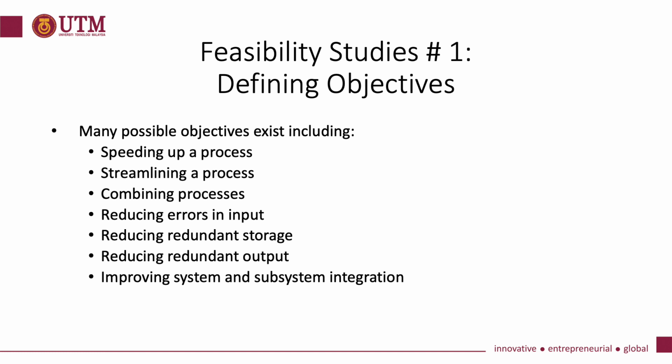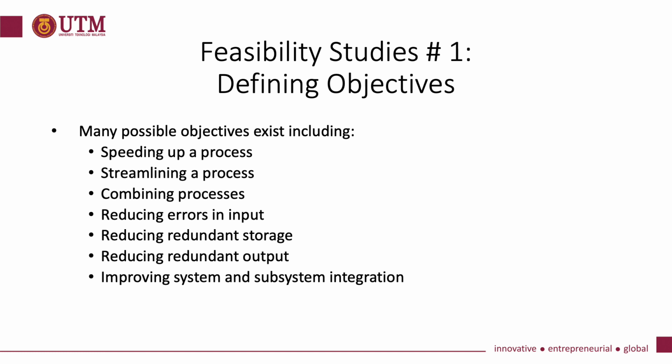Earlier, when we discussed the problem definition content, one of the sections was the objective. Objectives are the wishful criteria or the desired situation, as an expectation of improvement for the current process. Some clear objectives that need to be defined are, for example, to speed up, to streamline, or to combine the existing processes of the organization.